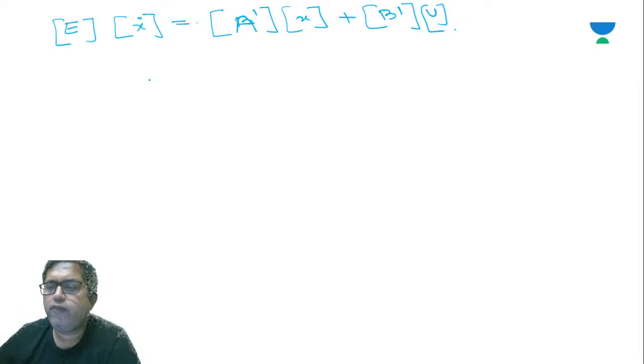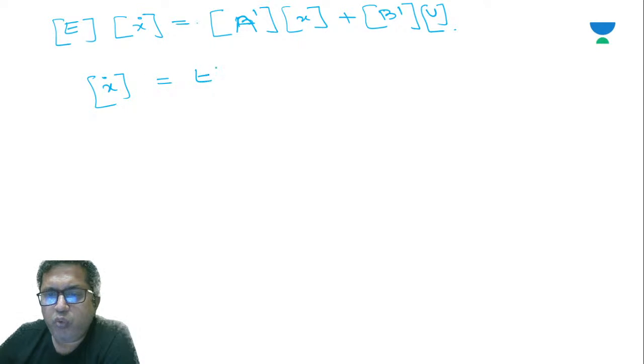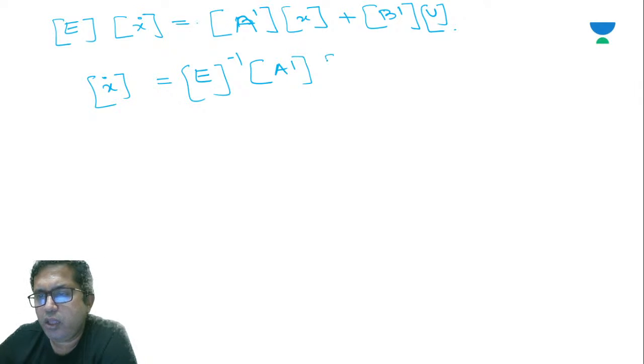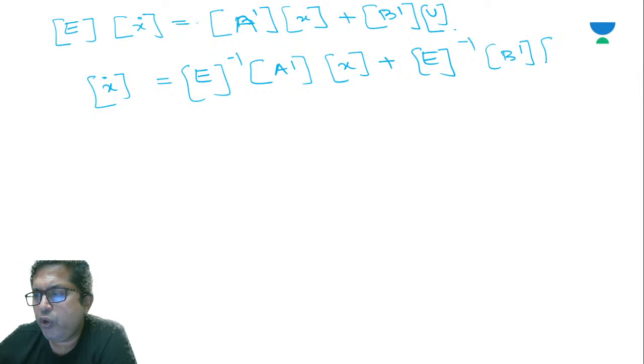This is the form we have gotten. Therefore, X dot is equal to E inverse A dash, A dash is not transpose, into X plus E inverse B dash into U.